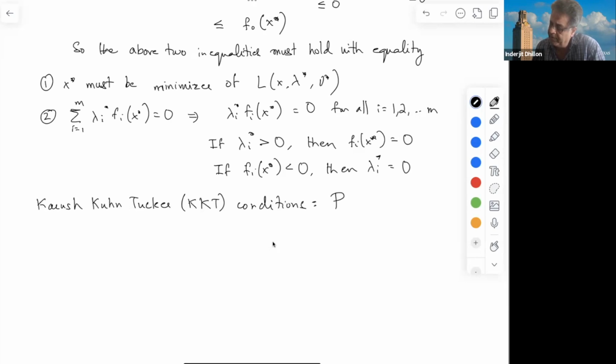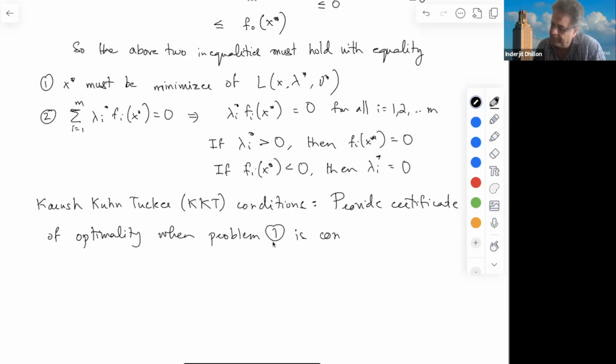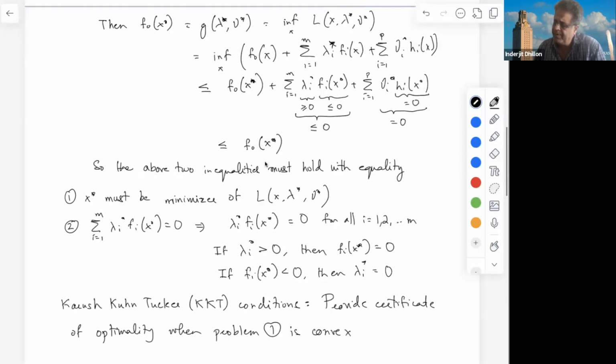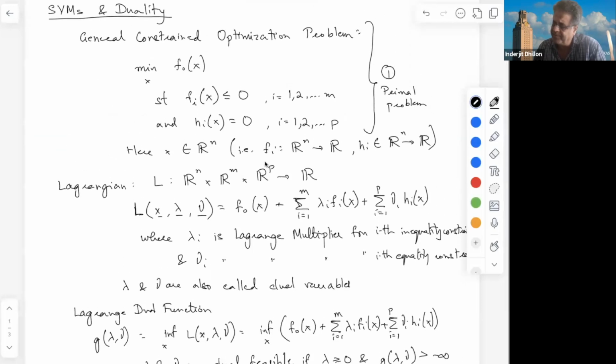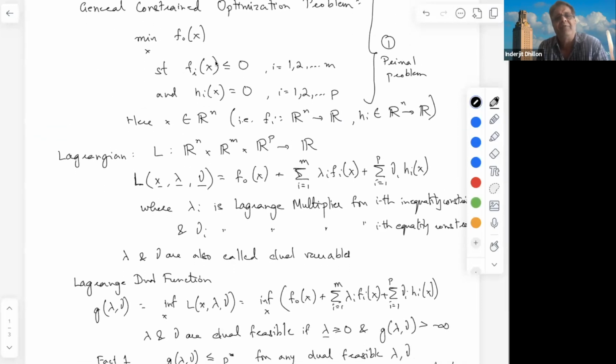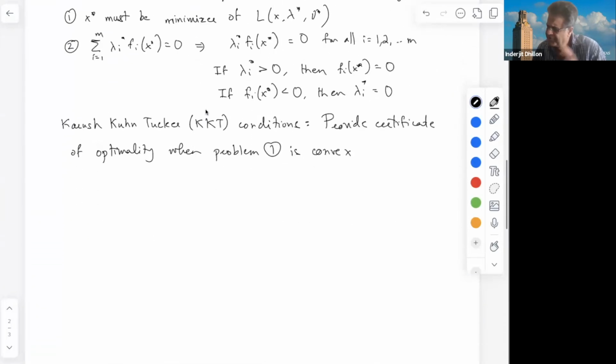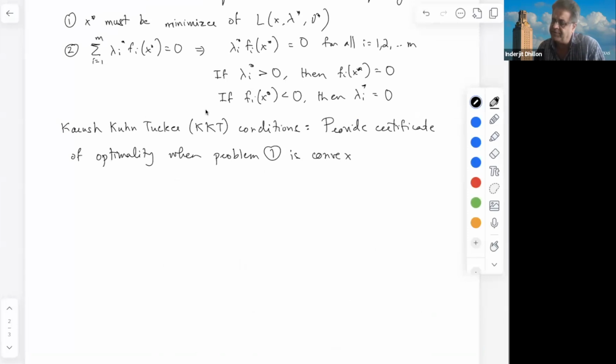They provide a certificate of optimality when problem 1 is convex. What do I mean by problem 1 is convex? I won't get too much into details, but f_0 is convex and these are all convex sets, which is true for the problem that we are interested in, which is the SVM.